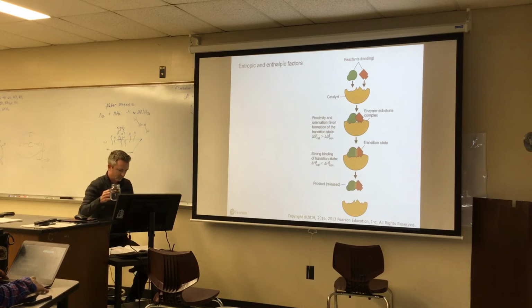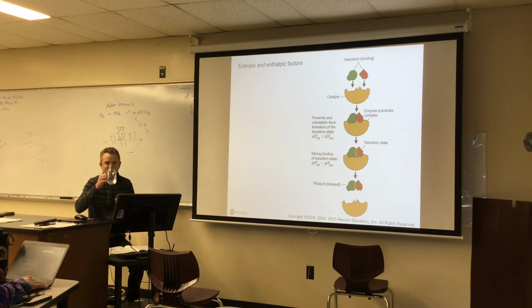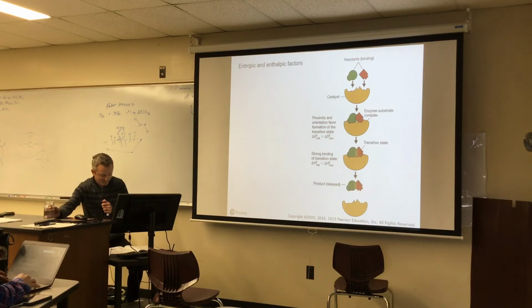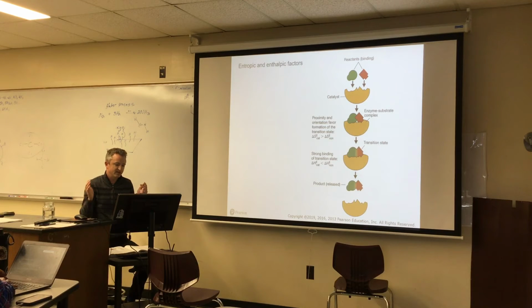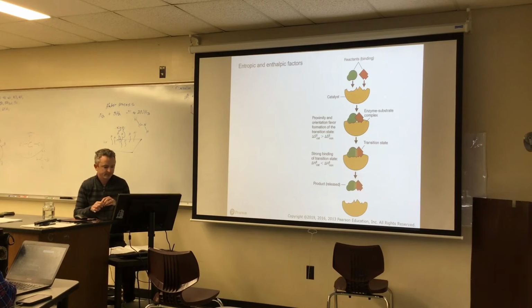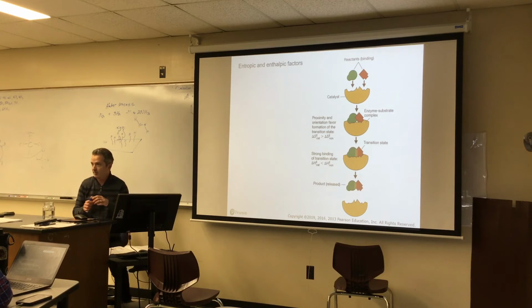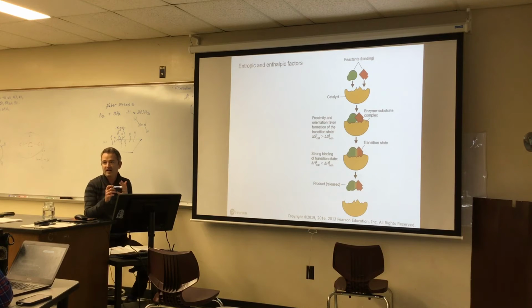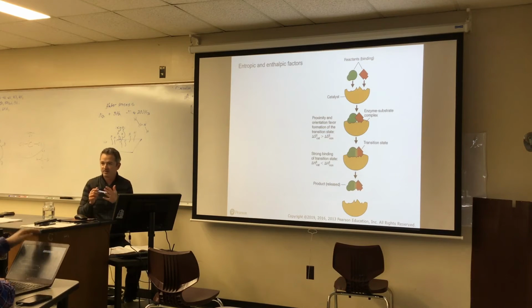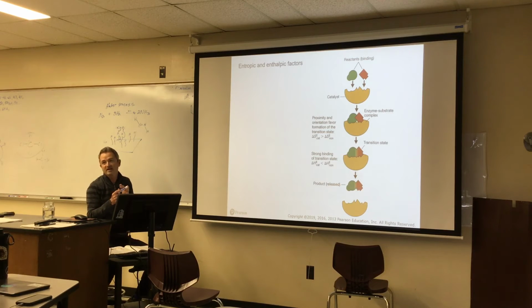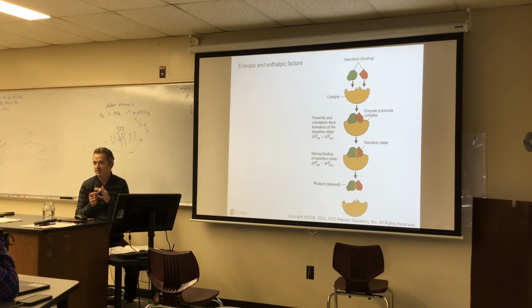So what is it doing? What is the enzyme trying to do? It's trying to ensure that the proper two substrates are catalyzed and that they have, as you already said, the proper orientation for those two to come together.